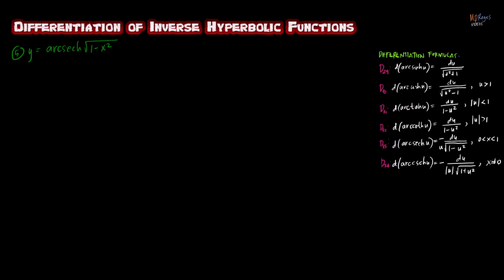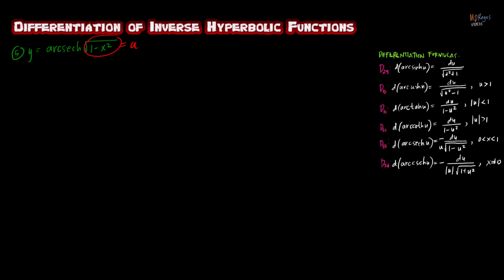Example number 5, our last example: y equals arc hyperbolic secant of the square root of 1 minus x squared. This is in the form d33, where u is equal to the square root of 1 minus x squared.